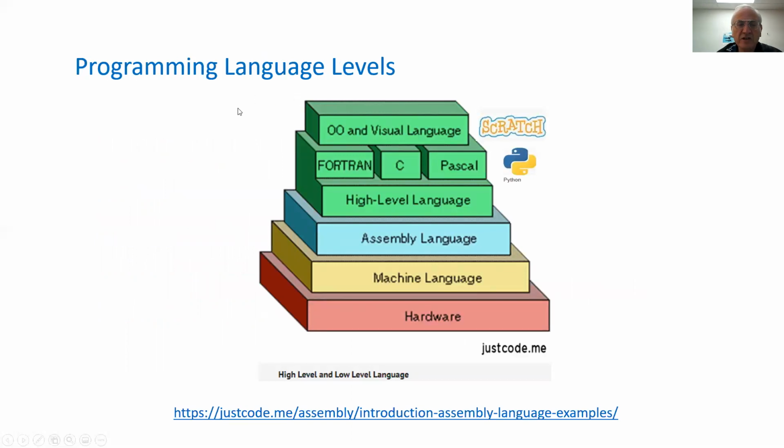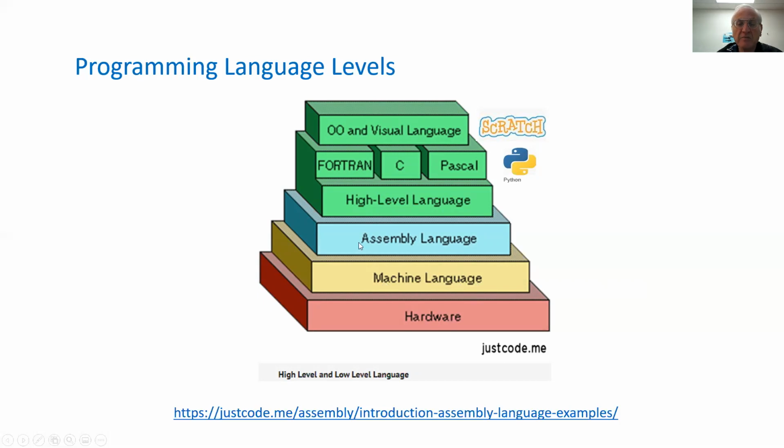In this view, we see the different levels of programming languages. The lowest level is the basic hardware of electronic circuits. Then what operates this with logic is the machine language, which actually controls all this logic.